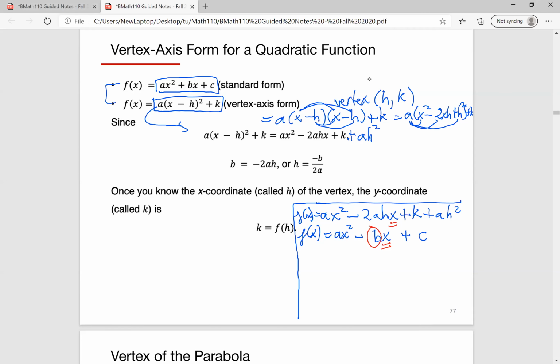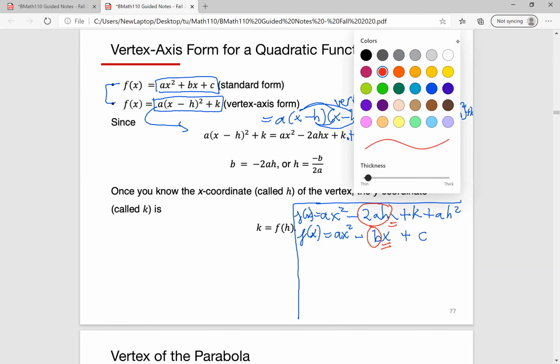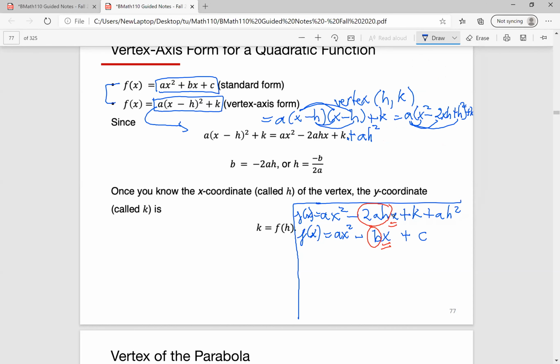For the term x in the first equation, the coefficient is negative 2ah, but both of them have a negative, so I'm just going to use it without the negative. So now you can have that 2ah equals b.